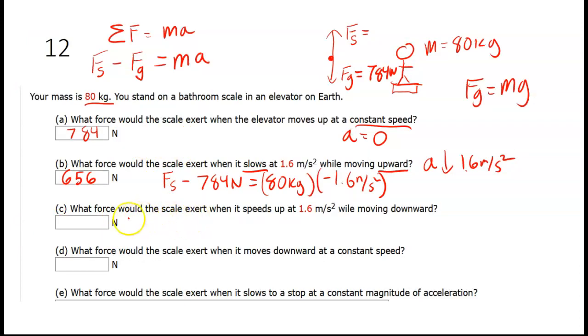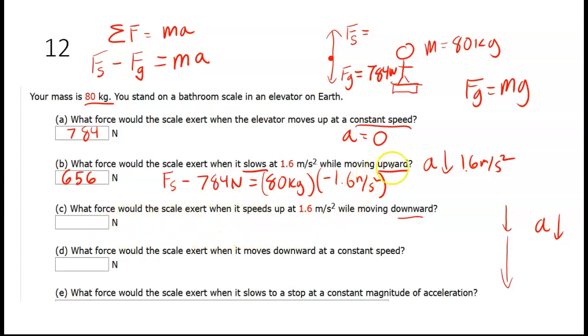Now we're looking at what force the scale would exert if it speeds up while moving downward. Well, if it speeds up, gets faster and faster, that means our acceleration is in the same direction as our velocity. In this case, downward.